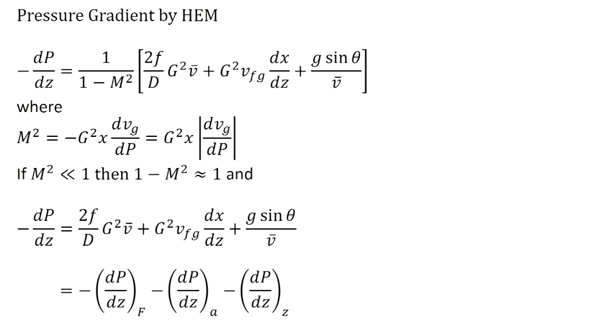Now, from pressure gradient, how do we find the pressure drop? The pressure drop is the decrease in pressure from one point to another point. Usually, in a pipe, we calculate the pressure drop from the inlet to the outlet of the pipe. Pressure gradient is calculated at a point.